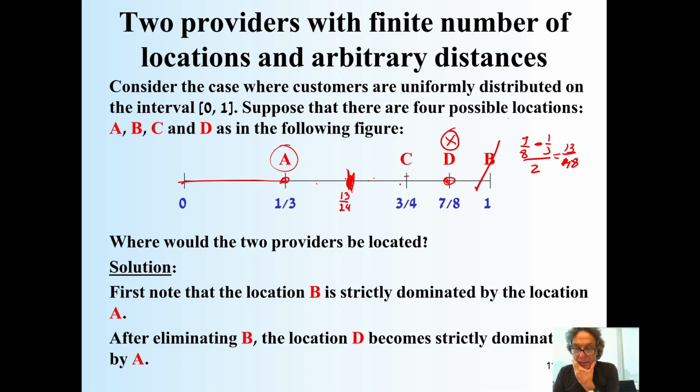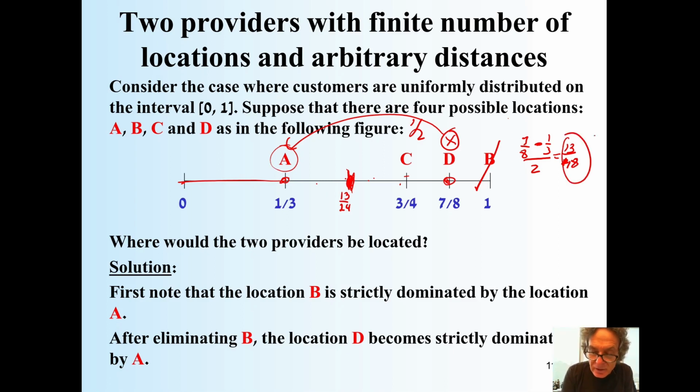So if I'm at D and you're at A, I'm getting 13 over 48, which is much smaller than half. If I move to A, I'm going to get 1/2, so that's better. So if I believe that you are at A, I should go to A, not stay at D.